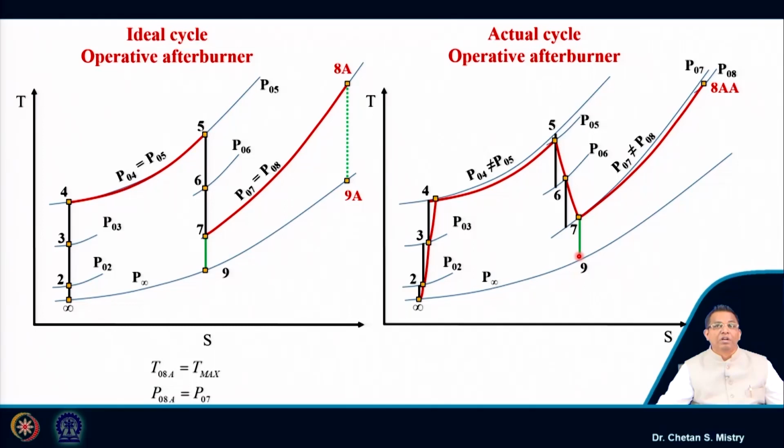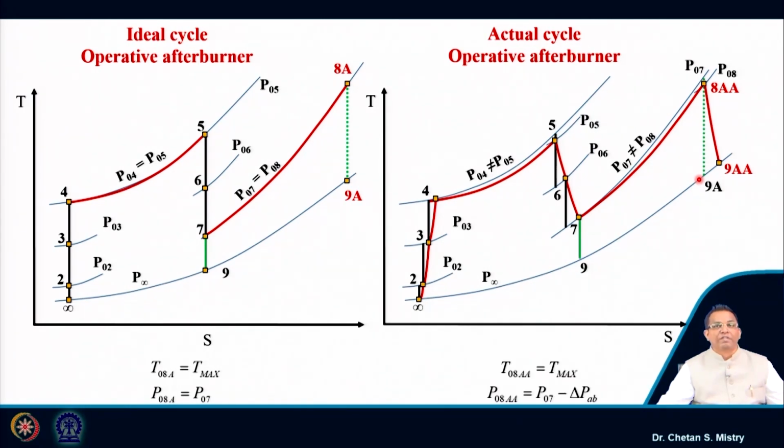Now, from here my flow will enter inside the nozzle, where the expansion process will happen. This ideal expansion process is represented by 8AA to 9A, but in actual condition the expansion process is represented by 8AA to 9AA.